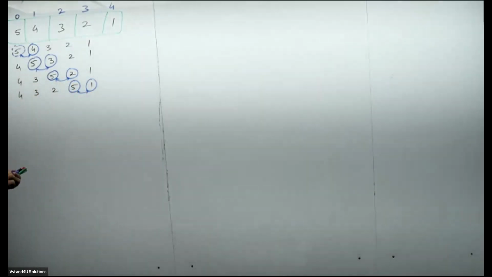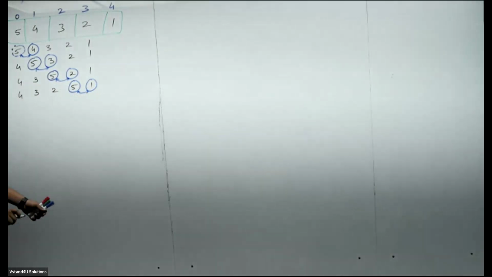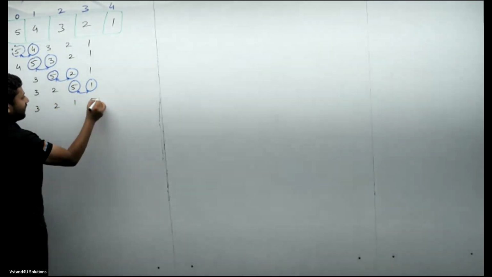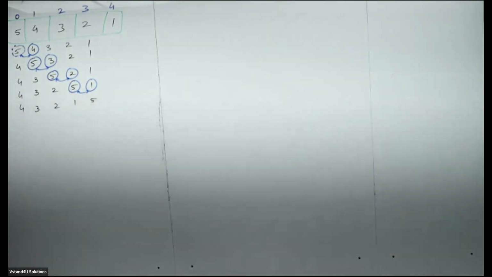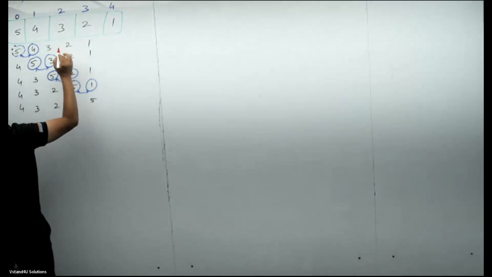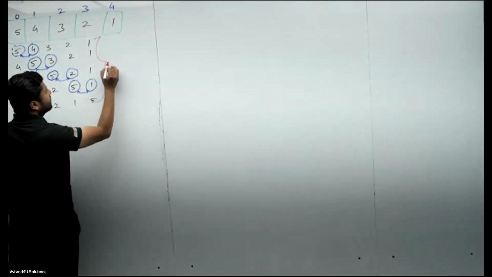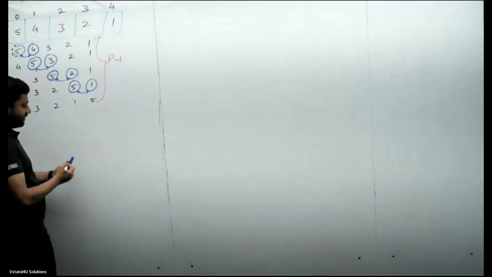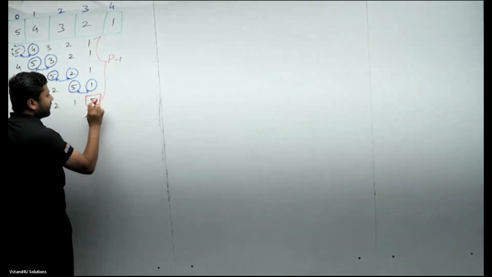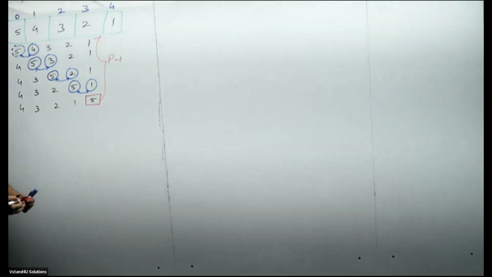Am I right? Again, swapping required. 4, 3, 2, 1, 5. Can I say the first pass has completed? This is nothing but pass 1. Agree? And at the end of pass 1, we have got the biggest element at its position. Am I right?